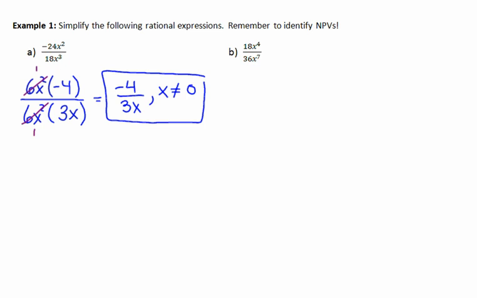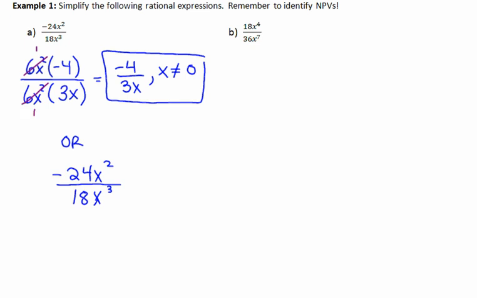Now another way you can simplify this, it's really doing the same thing. It's just we're dividing both by 6x squared. And I'm going to show you with your calculator because a lot of you, it will be helpful. But basically, it's the same idea. What can we divide 24 and 18 by? 6 again.